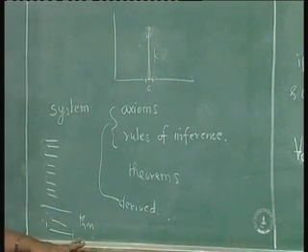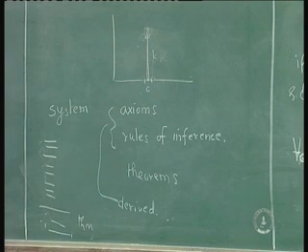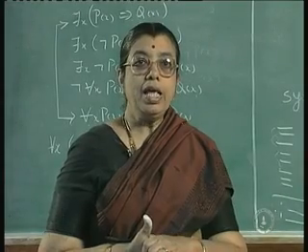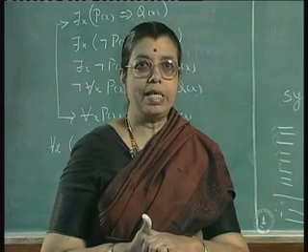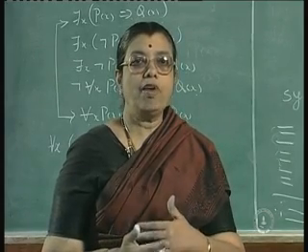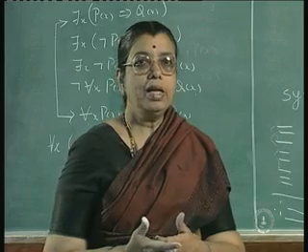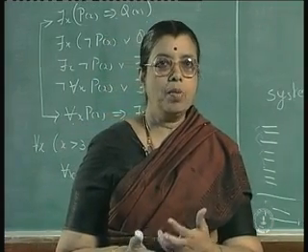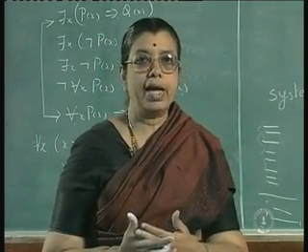Okay. Now, an argument goes wrong or a theorem is wrong if you start with wrong axioms, or even if you start with correct axioms, if you use a rule of inference in a wrong manner, then you may arrive at a wrong proof. So, when do you say that a proof is correct?